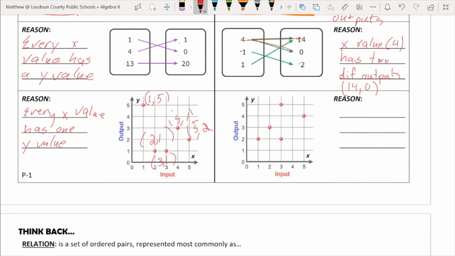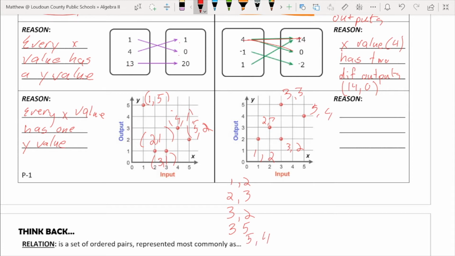Now here we have what? 1, 2, right? 1, 2. What's this one? 2, 3. We have one right here, 3, 2. And then we have 3, 5. And the last one, 5, 4.